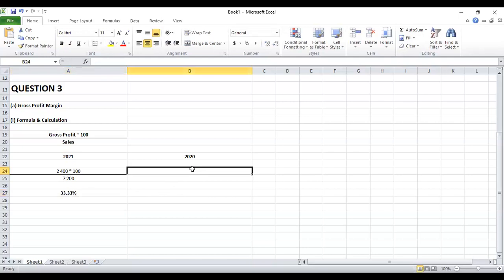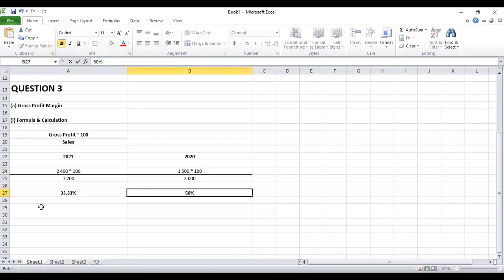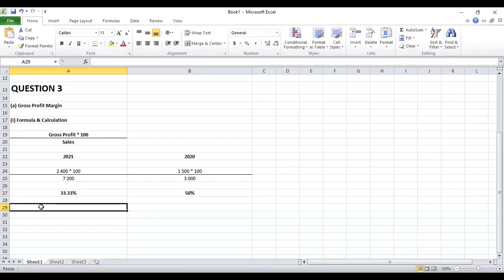Then we've got 1,500 multiplied by 100 divided by 3,000. That is 50%. So we have answered the first part that says formula and calculation.